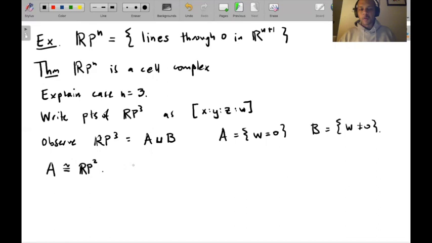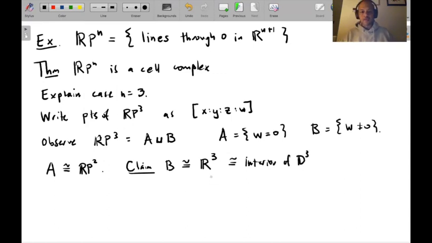Okay, so now we need to understand B. So the claim is that B is topologically equivalent to three-dimensional space, which is equivalent to a ball, or the interior of the closed disk. Maybe I'll write it that way: the interior of the three-dimensional disk.